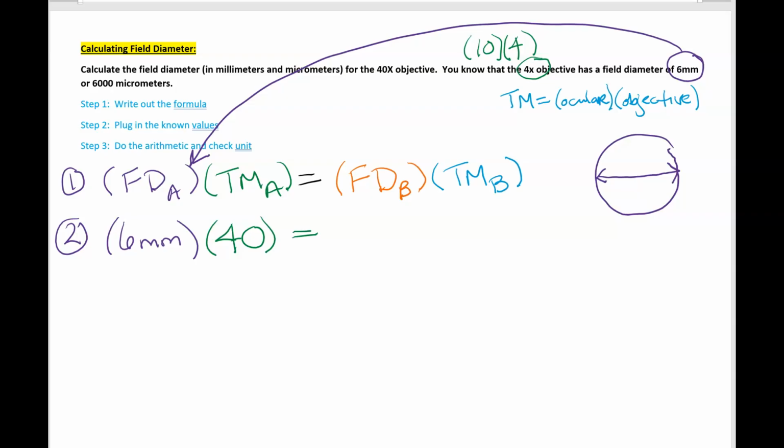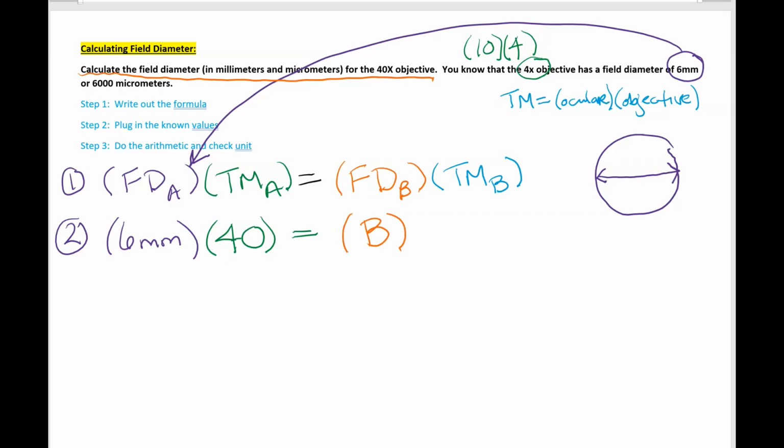So when I get to the field diameter of B, that's my unknown, because I'm told in the question, calculate the field diameter for the 40x objective. So here, I'm just going to put in a B. You can use X and Y, you can use Q and P, whatever letters make sense to you. So next, I have to figure out my total magnification of B.